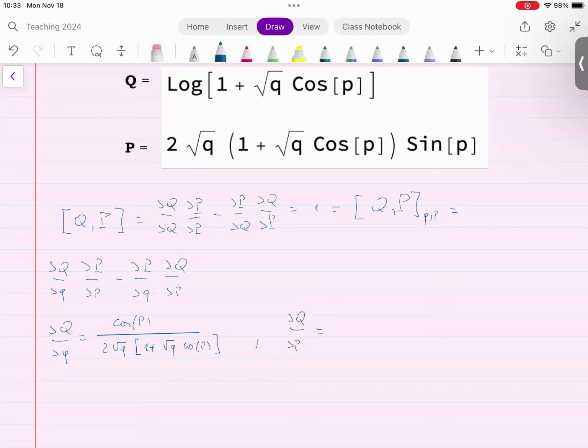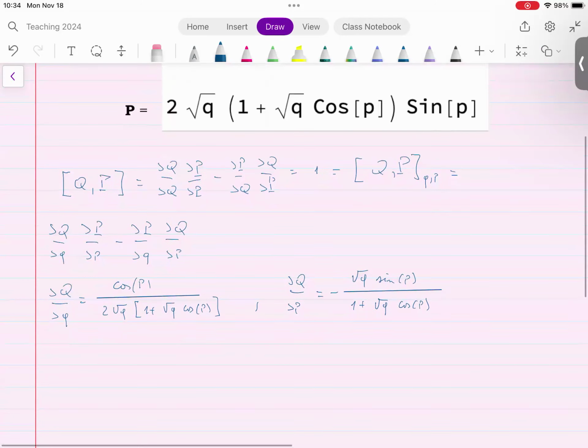And then I'm going to do the derivative of cosine of p, which is minus sine p, so this gives me minus the square root of q, the factor in front of the cosine of p stays, sine p over the argument of the log, which is 1 plus square root of q cosine p.